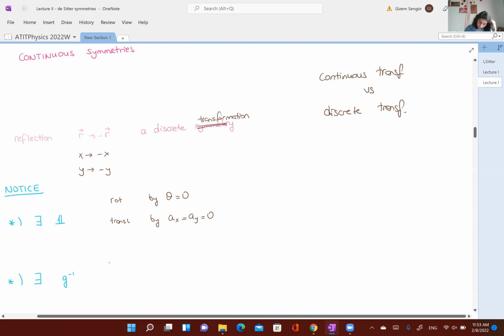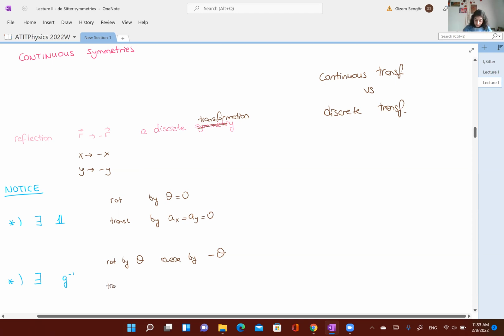So say you rotate by theta. You can reverse this by rotating an amount minus theta. So you can rotate in the opposite direction back and go back to where you started from.